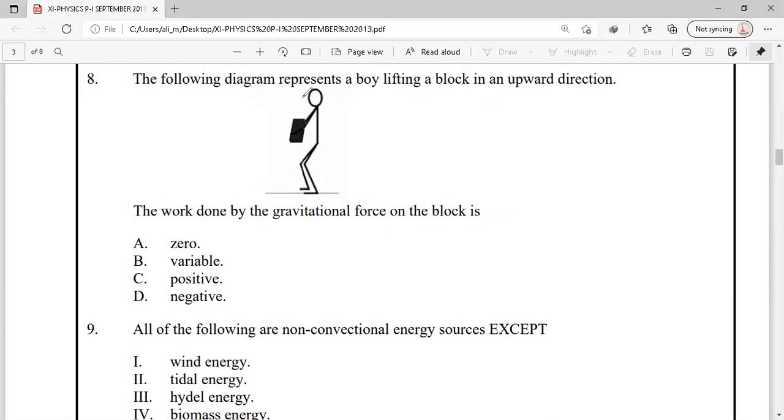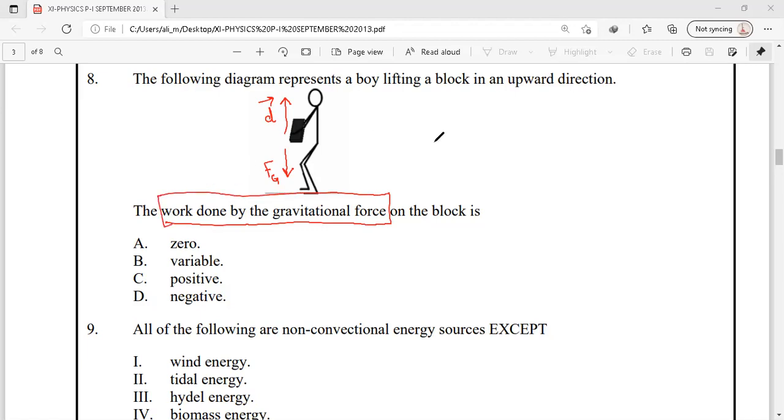In this question, we have a person lifting a block and moving in the upward direction. So this is the direction of displacement. It is lifting this block against the direction of the gravitational field or gravitational force. We have to find the work done by the gravitational force.